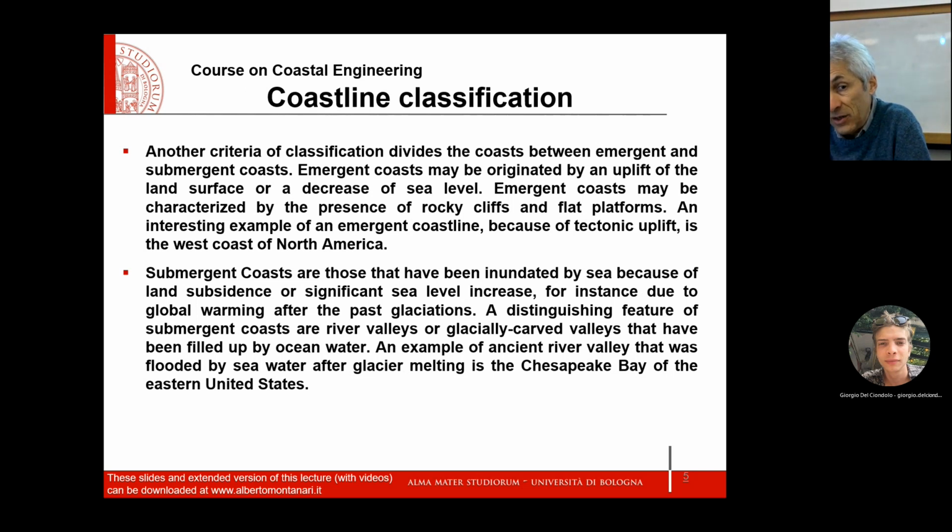And the form is very different because the submergent coast is given by river valleys that were inundated. So they are characterized by slopes. They are characterized by deep penetration of the ocean into the land.